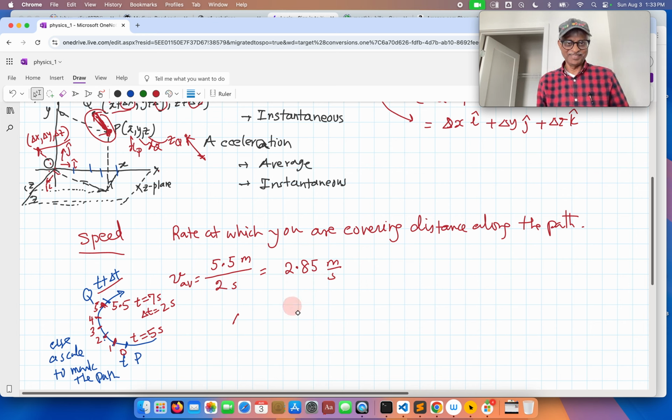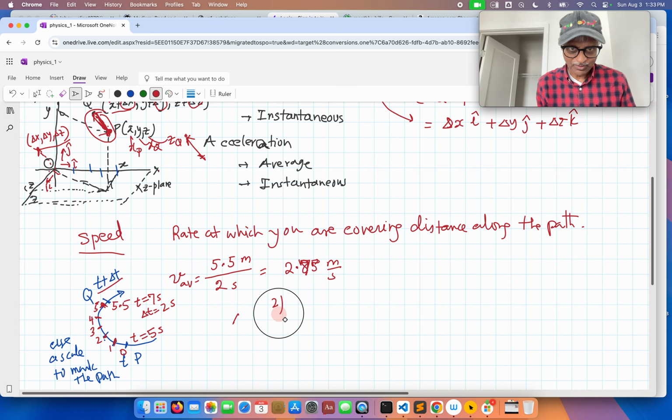Hopefully this is correct. Okay, I think this should be 2.7. Let me see. And this should be, what is it?